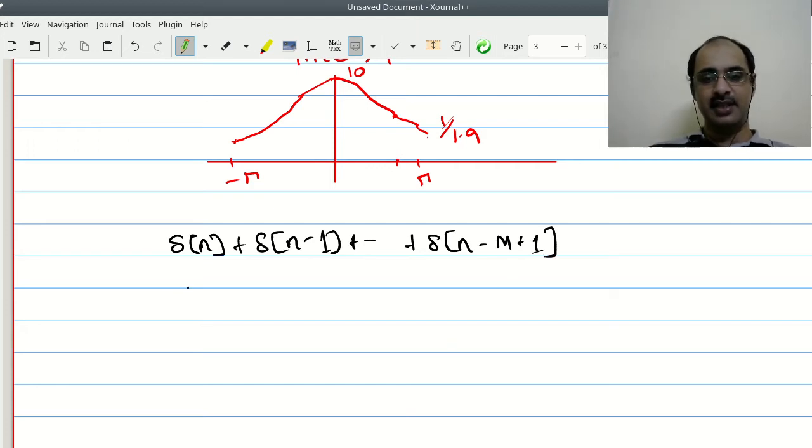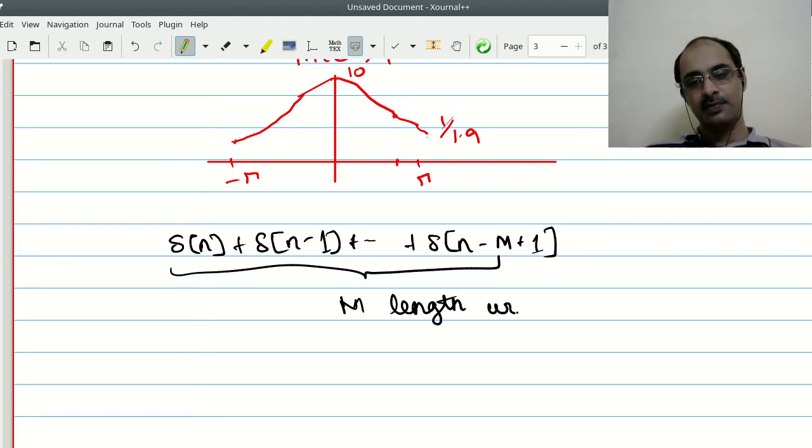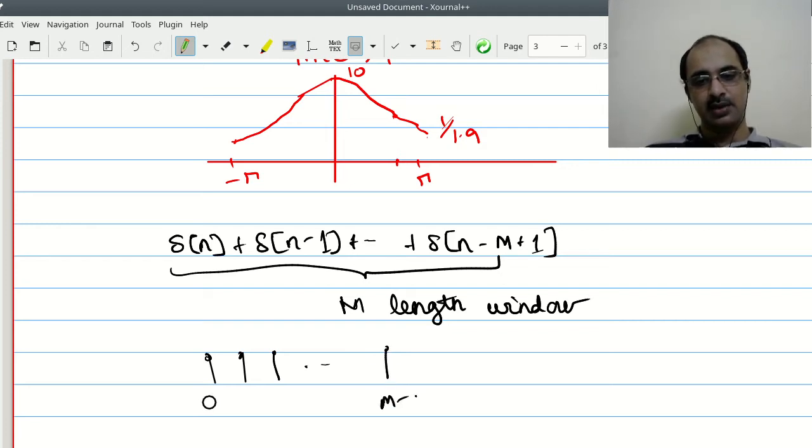Okay, that means this is basically the m length window, because it stretches from 0 to m minus 1, right? So it goes like this up to, so this is 0 to m minus 1. There are m non-zero elements. This is a finite sequence.